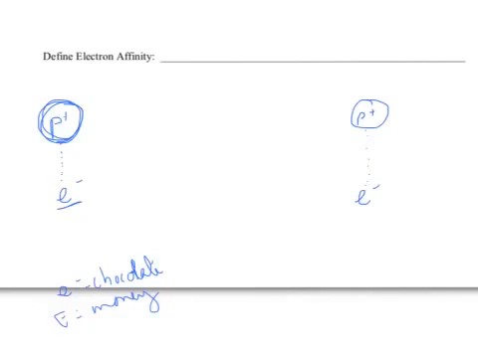Because you like the chocolate because of that positive and negative attraction, in order to remove it, we have to pay you money. So if you remove the electron from the atom, you have to give it energy. I take your chocolate, I give you money instead. I take the electron away, I give the energy instead to the atom.